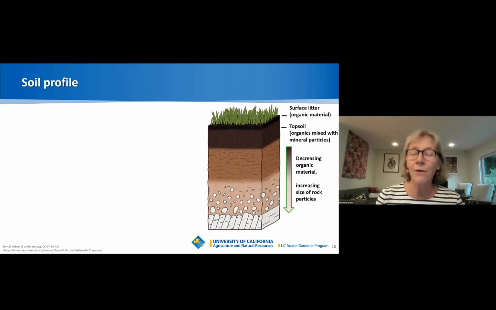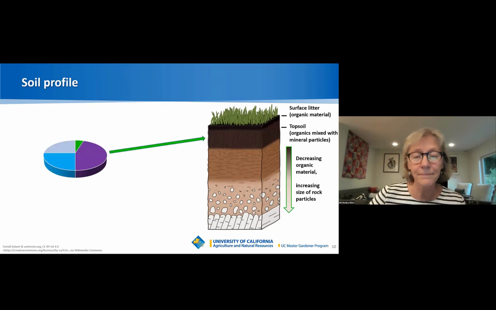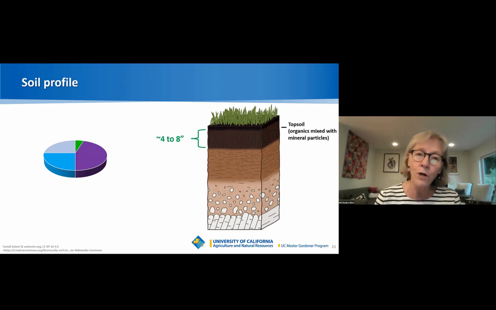And from there down, organic material is rapidly decreasing the deeper you go, and the size of the rock particles will be increasing until you get to bedrock. This pie chart that we refer to often as master gardeners comes from that layer that's topsoil. And that layer is about 4 to 8 inches thick. So it might be a little bit more, it might be a little bit less, but it's in that ballpark.